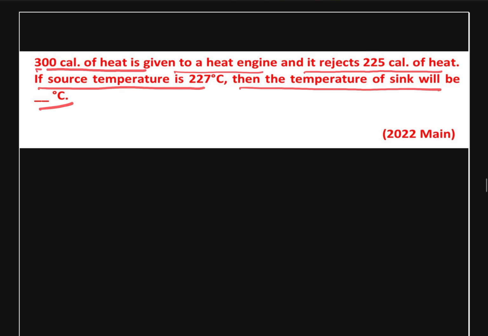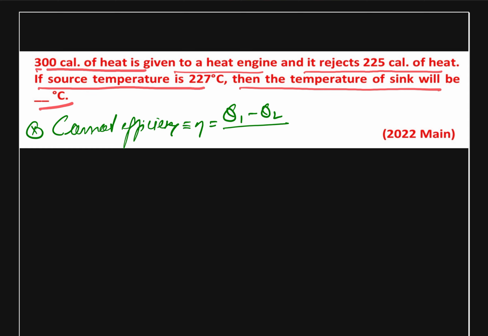So first of all, let's solve in terms of heat. So we can say our Carnot efficiency, that is our eta, is equal to (Q1 minus Q2) upon Q1, and this comes as (300 minus 225) divided by 300, and this comes as 0.25.